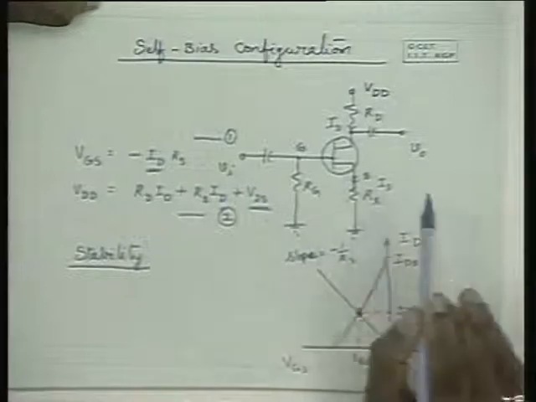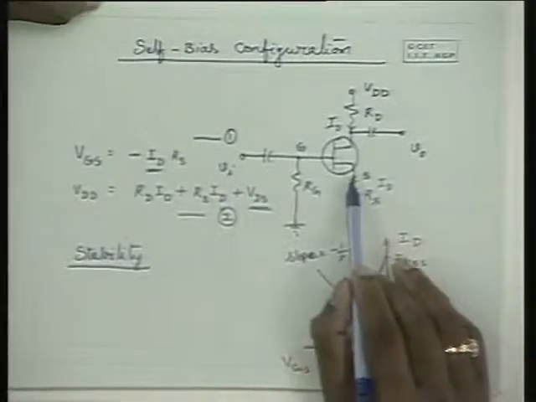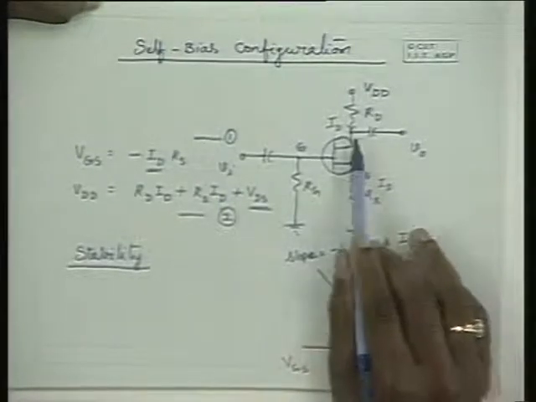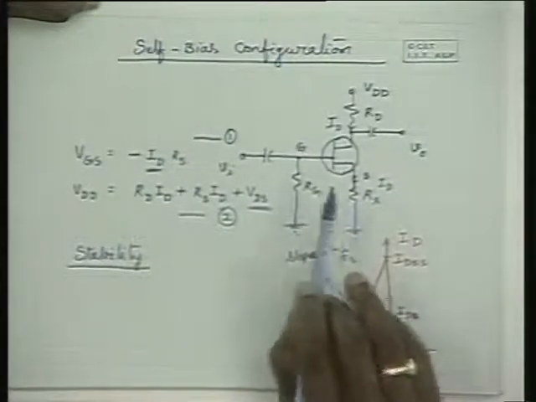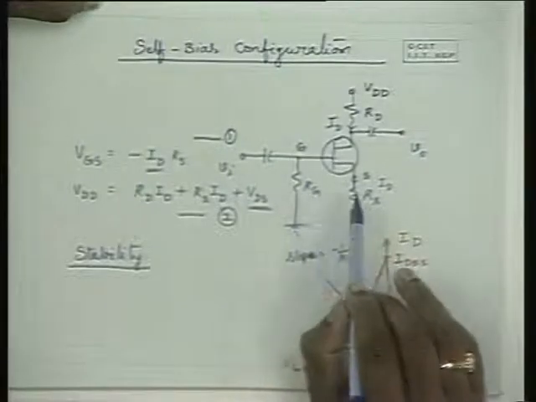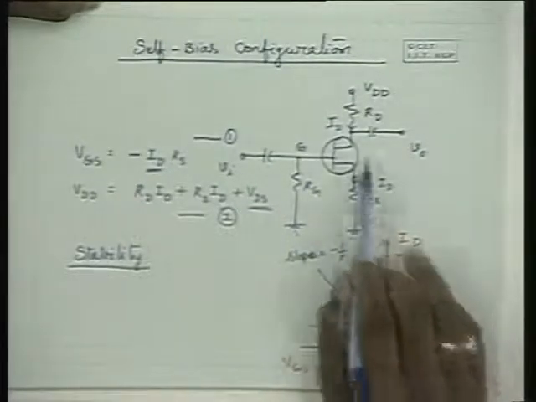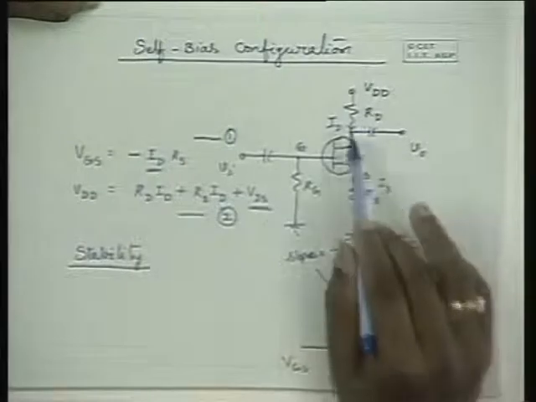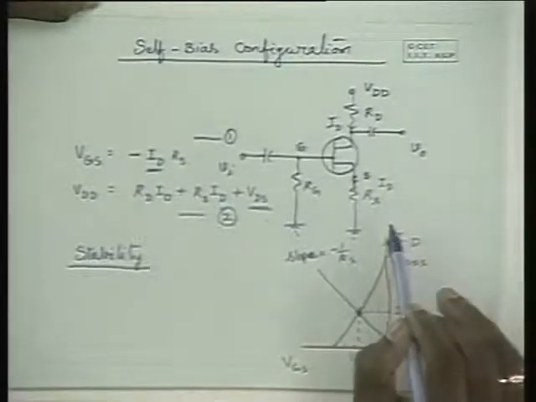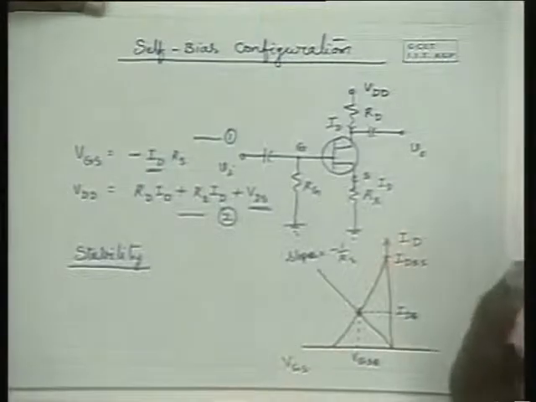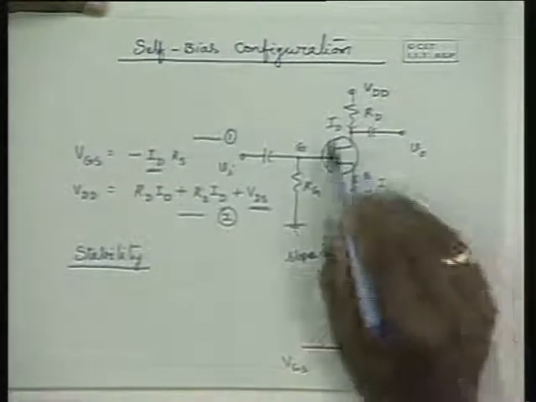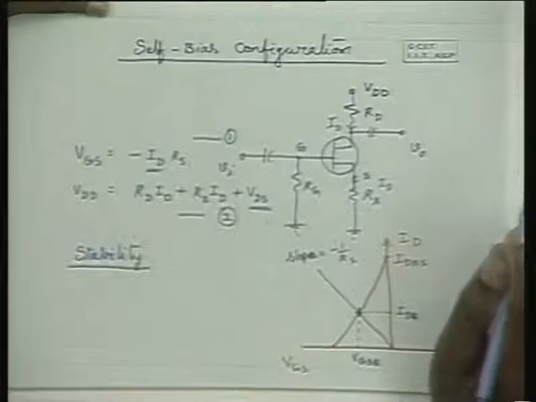The Rs is responsible, because by providing an Rs, we are reversing the gate to source potential by an additional amount, which is proportional to the increment in the drain current. Please note that it uses a single supply, VDD, and only 3 resistances.